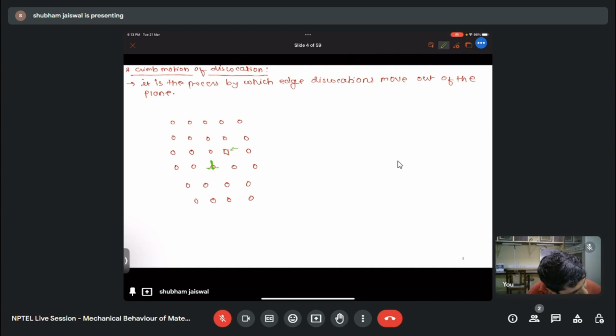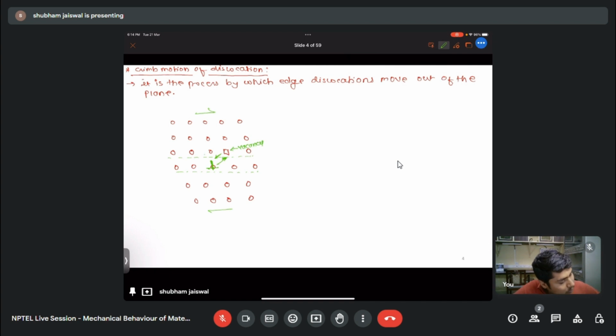So what will happen? This vacancy will come at this place, and this atom will go to this place. So here, what is happening? The new plane of the motion will be this one. Previously this one it was there. Now it will be this one. So what does it mean? It means the dislocation is climbing up.